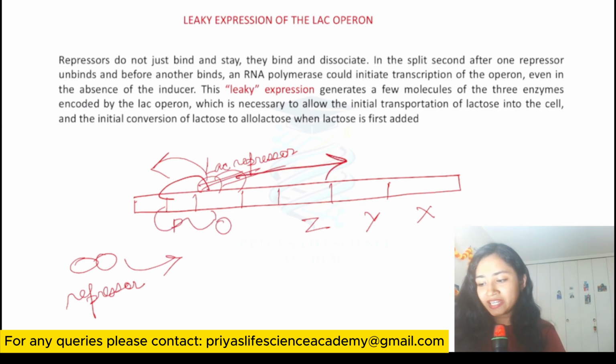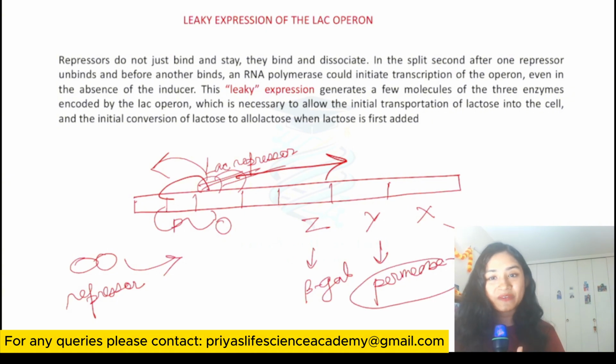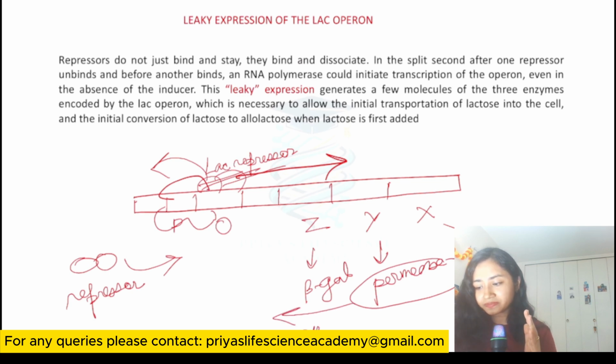Then the initial enzymes are made: beta-galactosidase is produced, permease is produced, and transacetylase is also produced. So this permease is very important for the initial transportation of the lactose inside the cell. Even in the absence of the inducer, the Lac Operon is turned on at a low level because permease is made, and then this permease can allow the lactose to enter inside the cell.